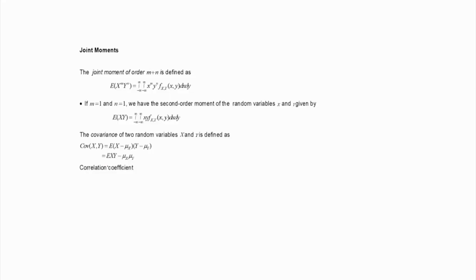And we can also define the correlation coefficient rho_XY, that is equal to the covariance of XY divided by sigma_X into sigma_Y, where sigma_X is the standard deviation of X, which is the square root of the variance, and sigma_Y is the standard deviation of Y. This coefficient rho usually lies between minus 1 and plus 1.